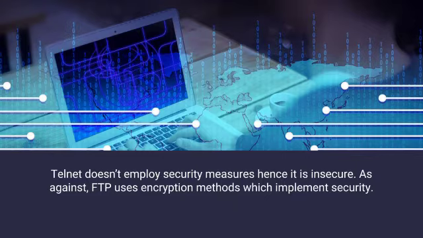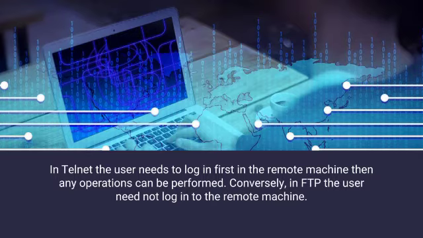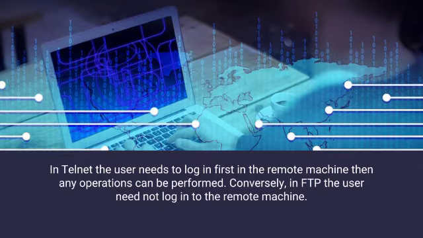As against that, FTP uses encryption methods which implement a security system. In Telnet, the user needs to log in first in the remote machine, and then operations can be performed. Conversely, in FTP, the user need not log into the remote machine.